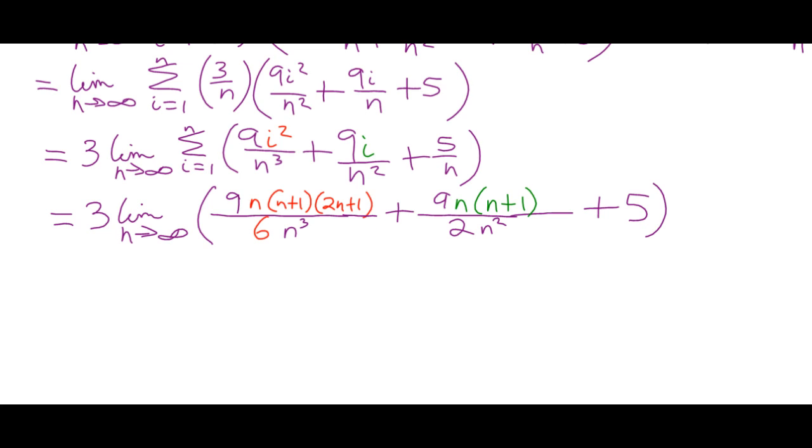Remember, let's say n was 2, then I'm going to add up 5 halves plus 5 halves. If n was 3, I got 5 thirds plus 5 thirds plus 5 thirds, which would just be 15 thirds, or 5. If n was 4, it'd be 5 fourths four times. If n were a million, I'd be adding up 1,000,000 5 millionths. So we're just going to end up with a 5 here.